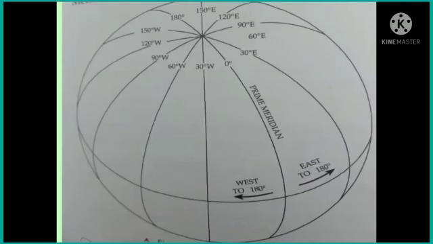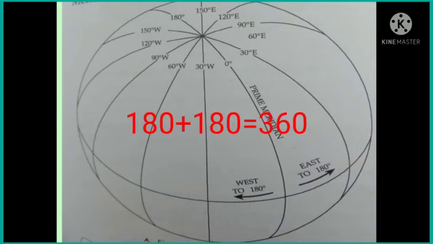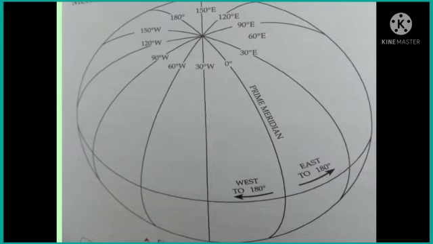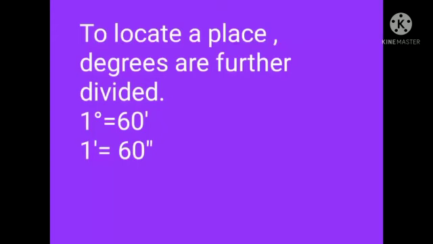There are 180 lines of longitude towards the east of the prime meridian and 180 lines of longitude towards the west of the prime meridian. So total lines of longitudes on a globe are 180 plus 180, that is 360.